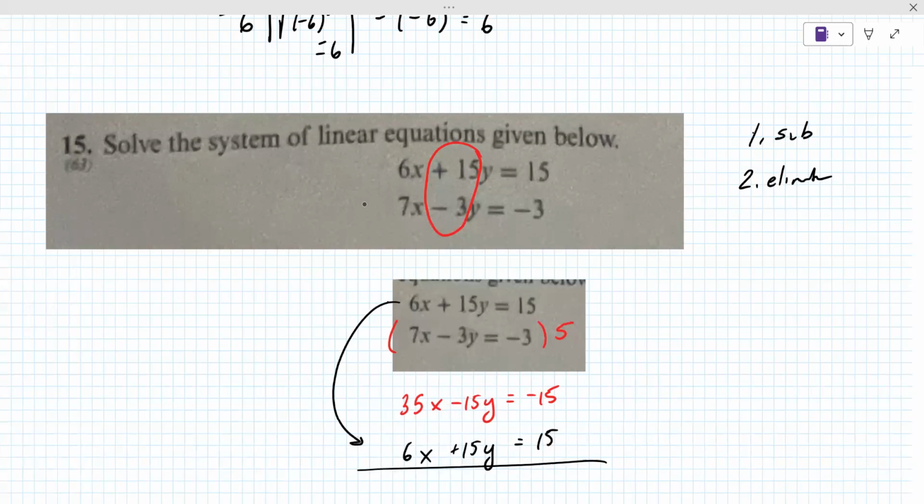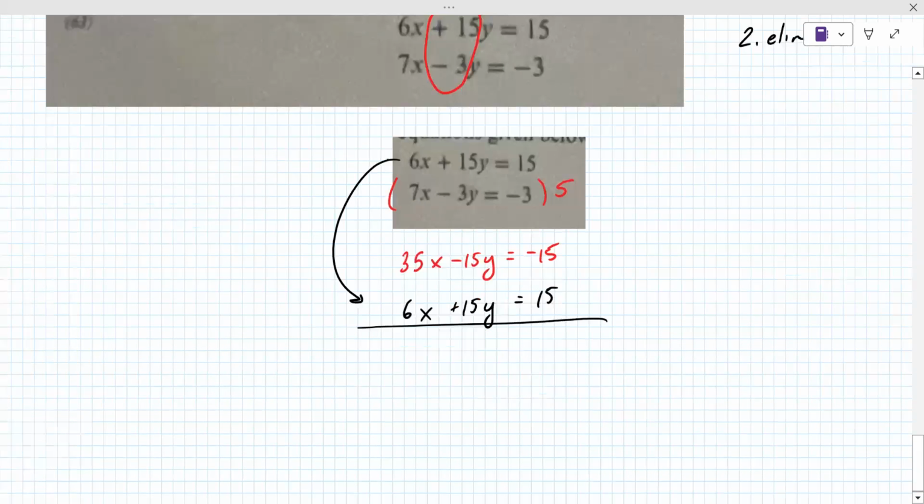You go ahead and add them together. When you add them together, one of the variables should cancel. In this case, the y's cancel. You get 41x equals 0. It's okay to have 0 on the right. Maybe it doesn't look right, but it is okay.